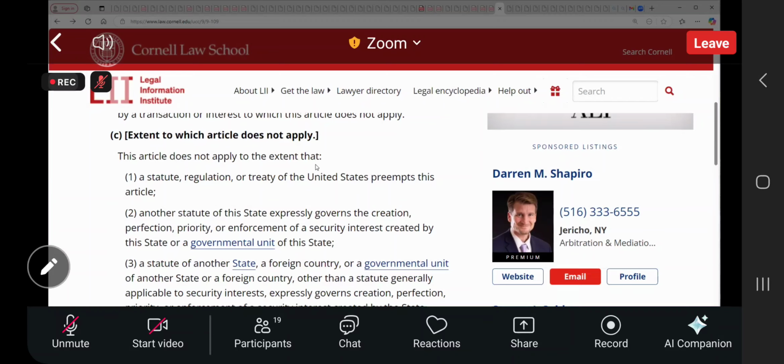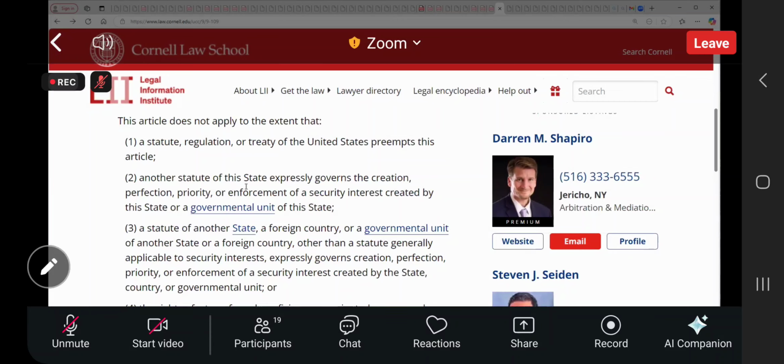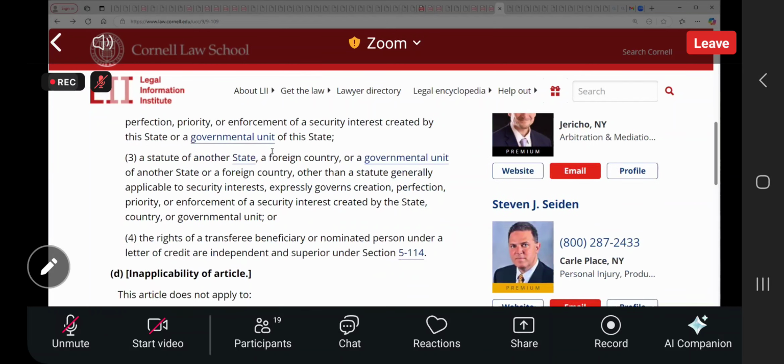This article does not apply to the extent that a statute, regulation, or treaty, some people try to use treaties, of the United States preempts this article. 2, another statute of this state expressly governs the creation, perfection, priority, or enforcement of a security interest created by this state or a governmental unit of this state, right? 3, a statute of another state, a foreign country, or a governmental unit of another state or a foreign country, other than a statute generally applicable to security interests, expressly governs creation, perfection, priority, or enforcement of a security interest created by the state, country, or governmental unit.